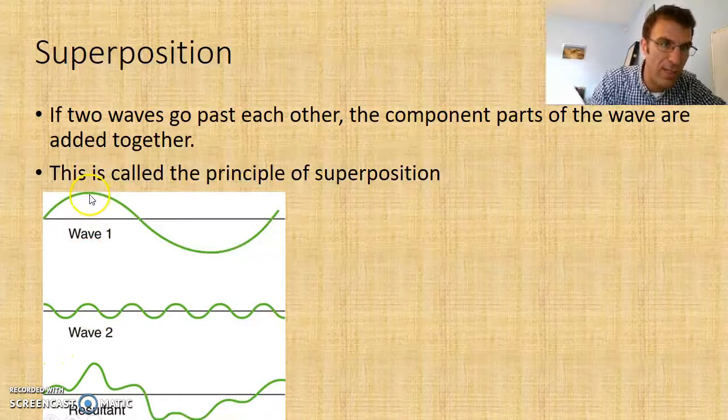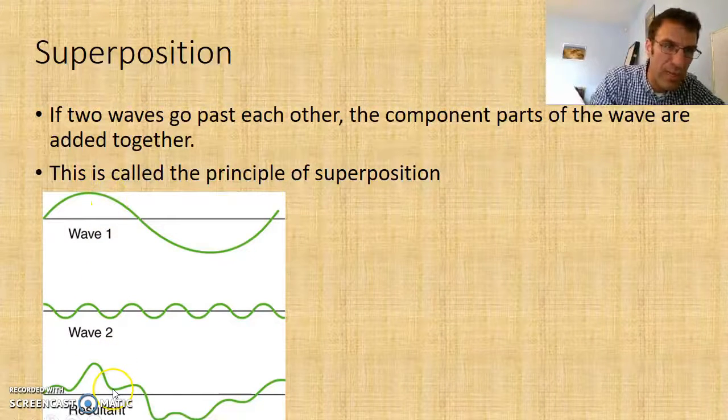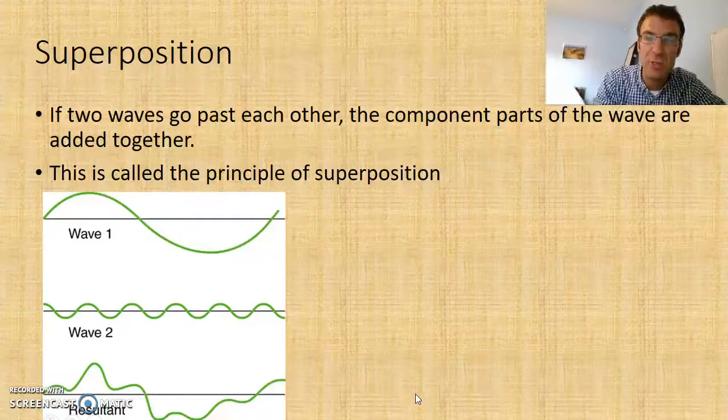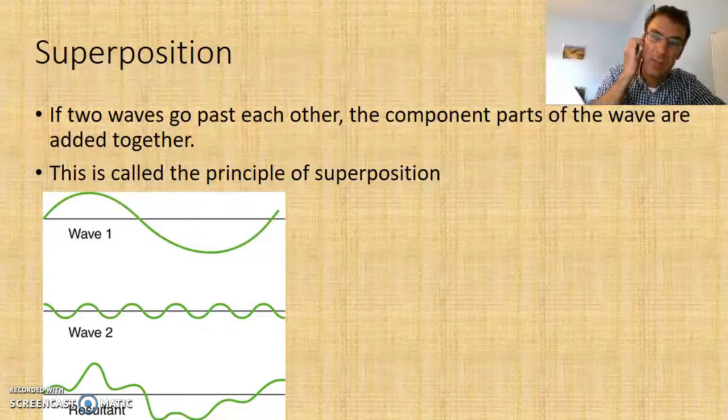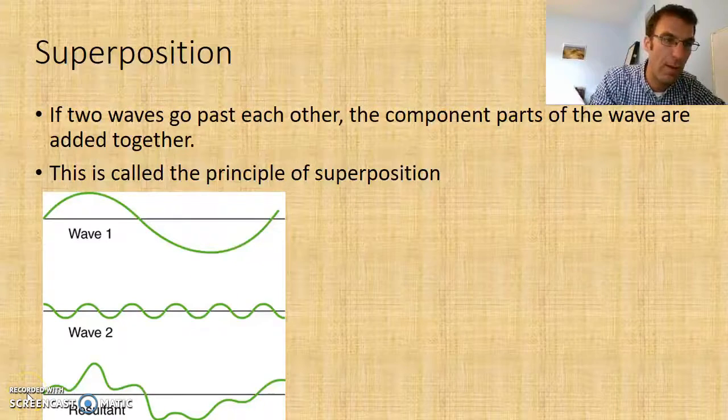Right here, let's say this is an amplitude of 5, this is an amplitude of 1, this is an amplitude of 6. And let's say this is an amplitude of 4 and this is -1, then it drops right down to 3. I'm making up numbers clearly, but that's the idea of superposition. There are two really important examples of that, which I'm going to talk to you about.